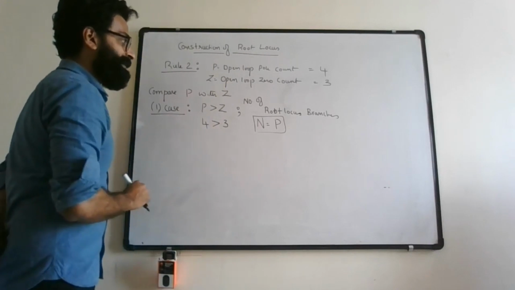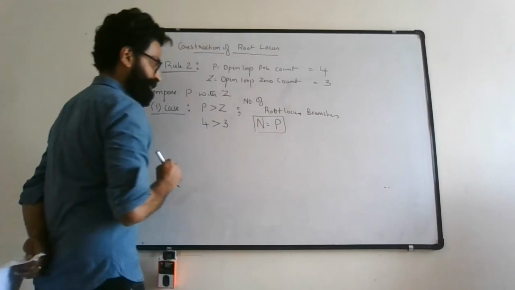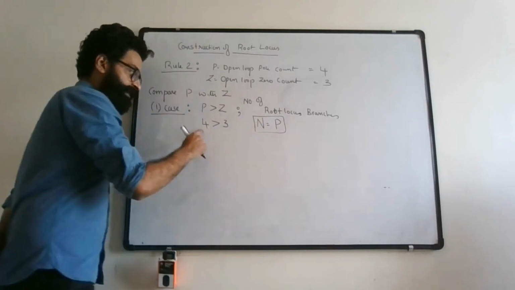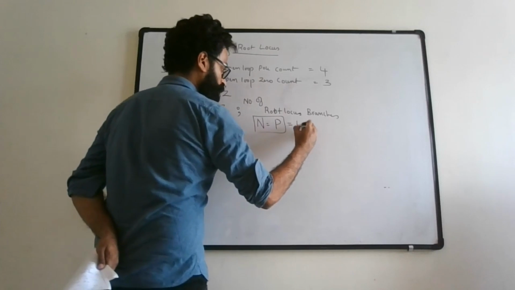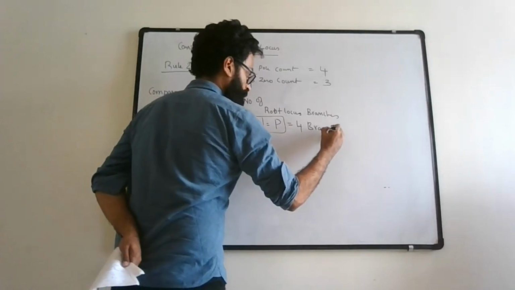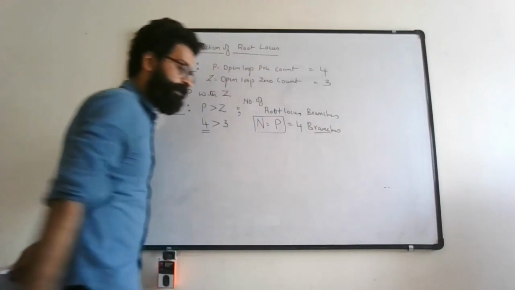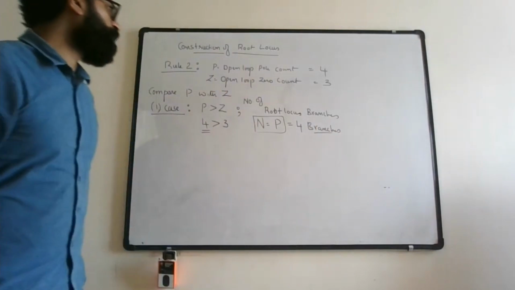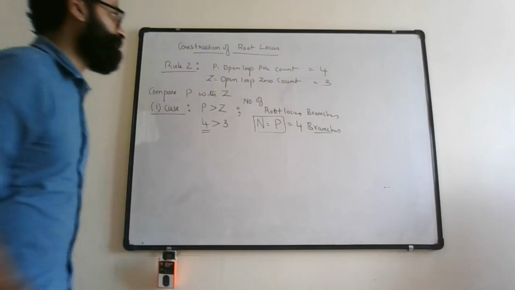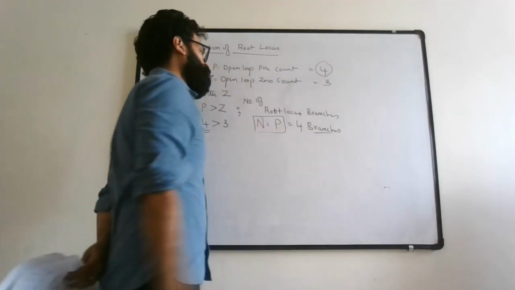So the number of root locus branches is nothing but the number of poles, which is 4 branches. So in this particular open loop system, you have 4 root locus branches.